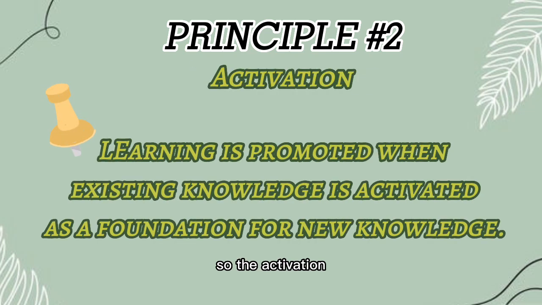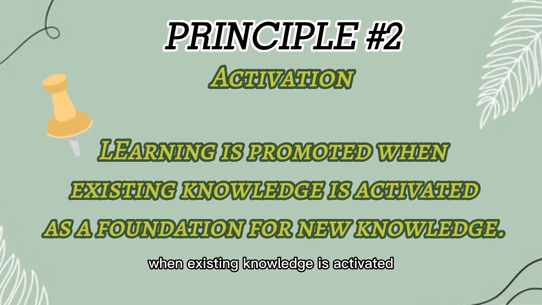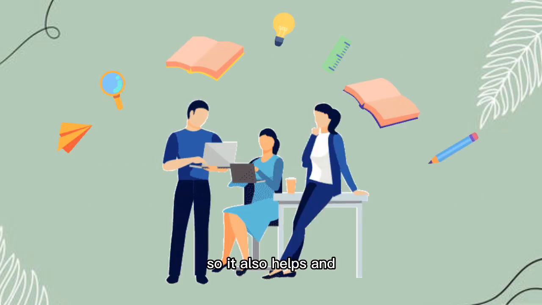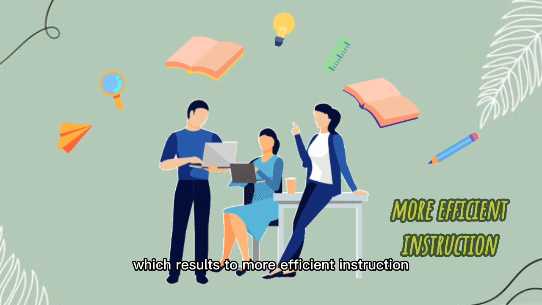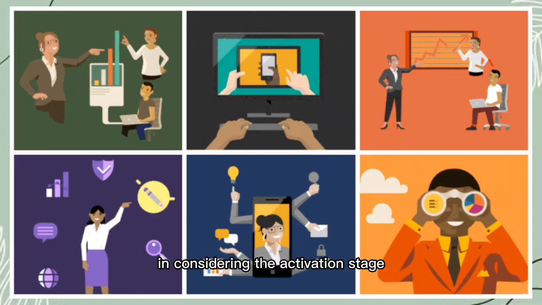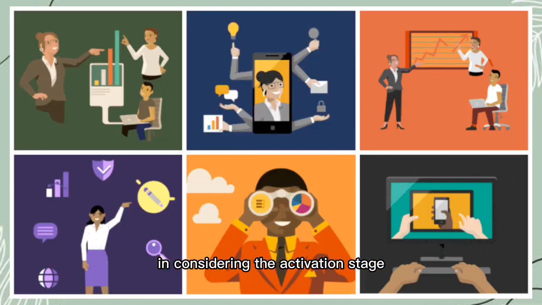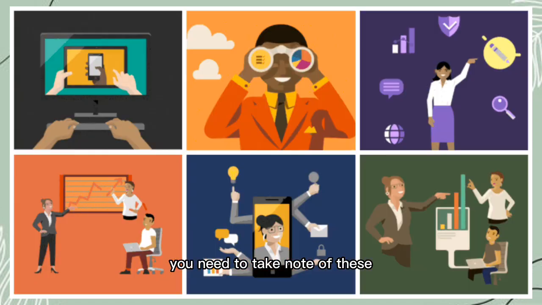So activation is where learning is promoted when existing knowledge is activated as a foundation for new knowledge. It also helps and guides the students to learn new materials, which results in more efficient instruction. In considering the activation stage, you need to take note of these.